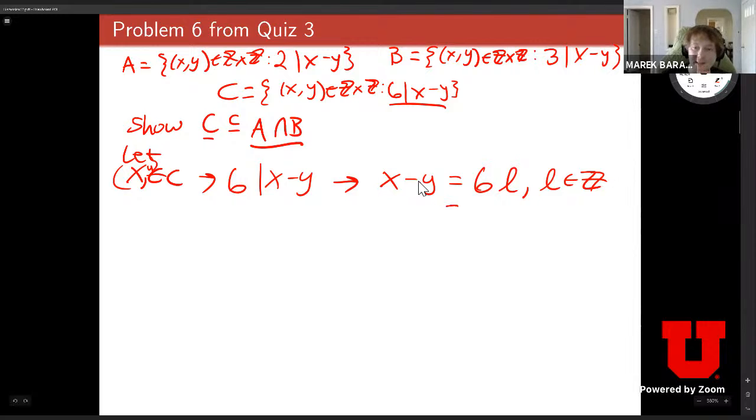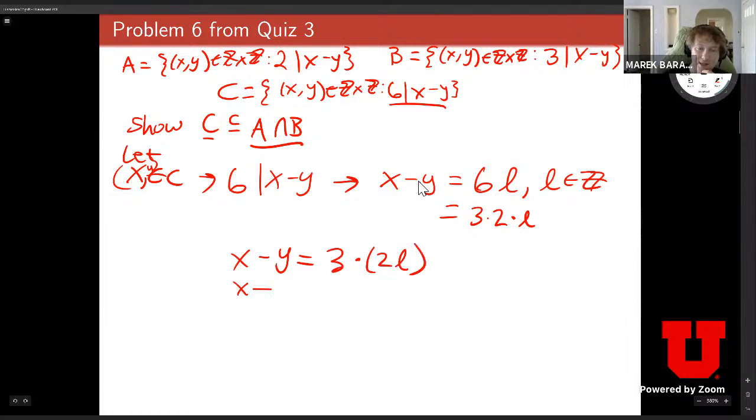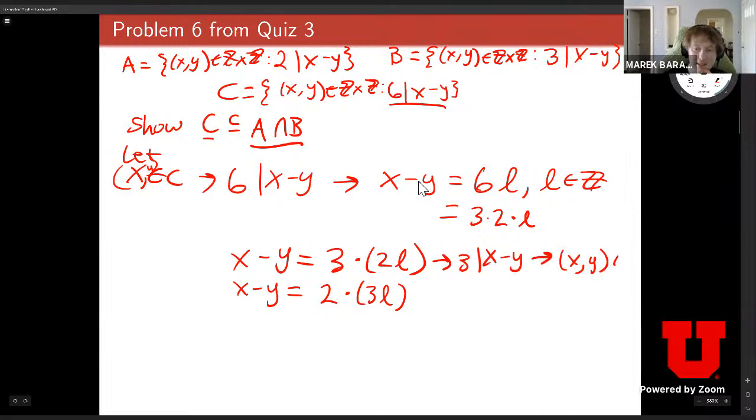This is equal to 3 times 2L, and also 2 times 3L, by the commutative rule on integers. The fact I can write it this way means that 3 divides X minus Y, so XY is in B, and 2 divides X minus Y, so XY is in A.